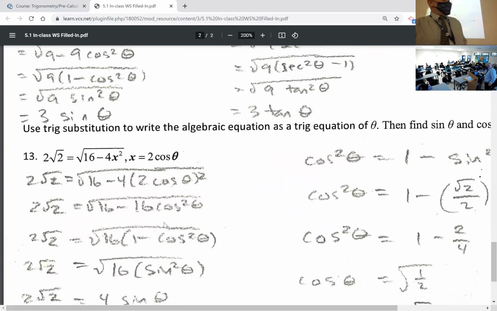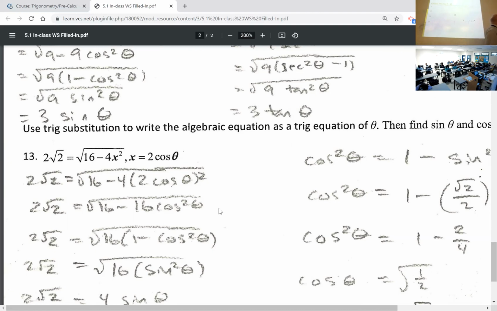All right, number 13. Now I've got an equation here, and I want to solve for theta. So I've got 2 root 2 is equal to the square root of 16 minus 4 x squared, where x is 2 cosine of theta.